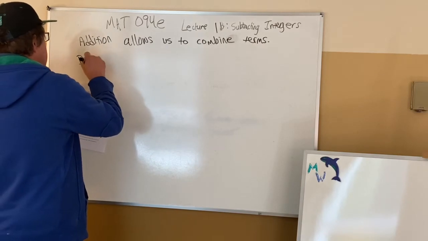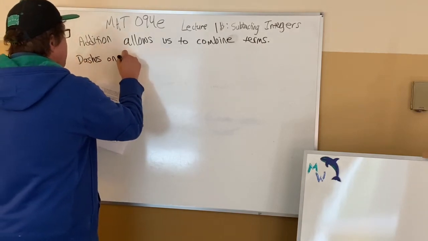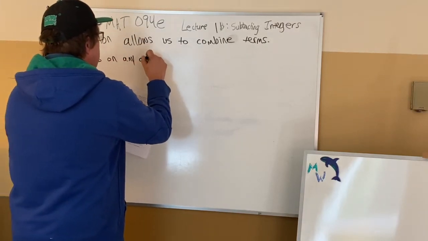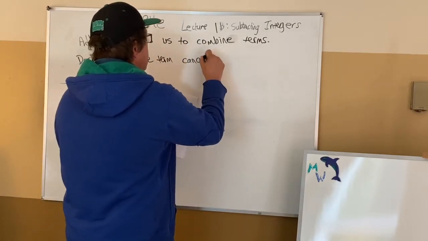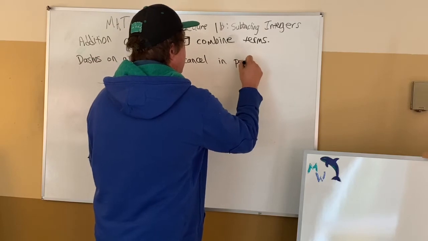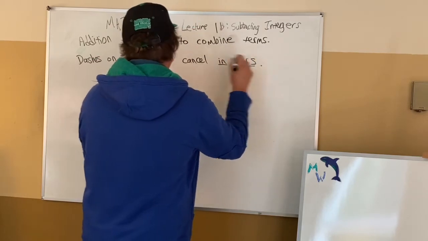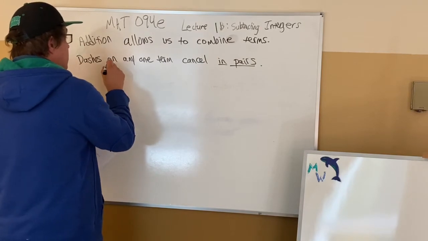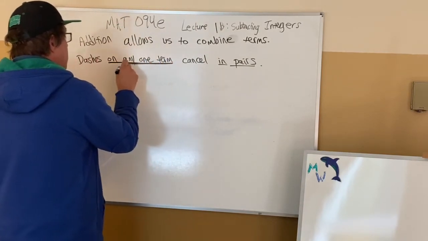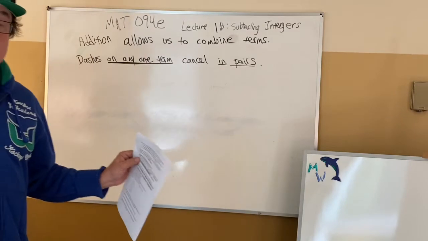Dashes on any one term cancel in pairs. We're going to look at why. On any one term is important also. You don't say, oh, I see two dashes, this is going to be positive.